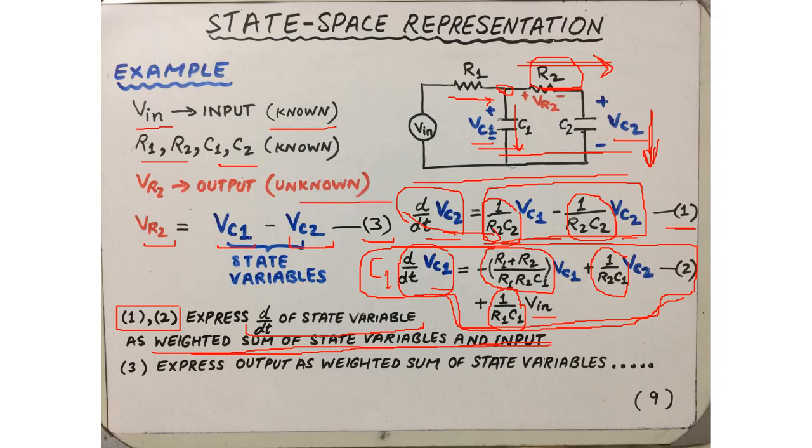The other rule is obtained from the equation containing the output. So in this case, we have expressed the output as the weighted sum of the state variables, where the weight of state variable Vc1 is 1 and the weight of state variable Vc2 is -1.